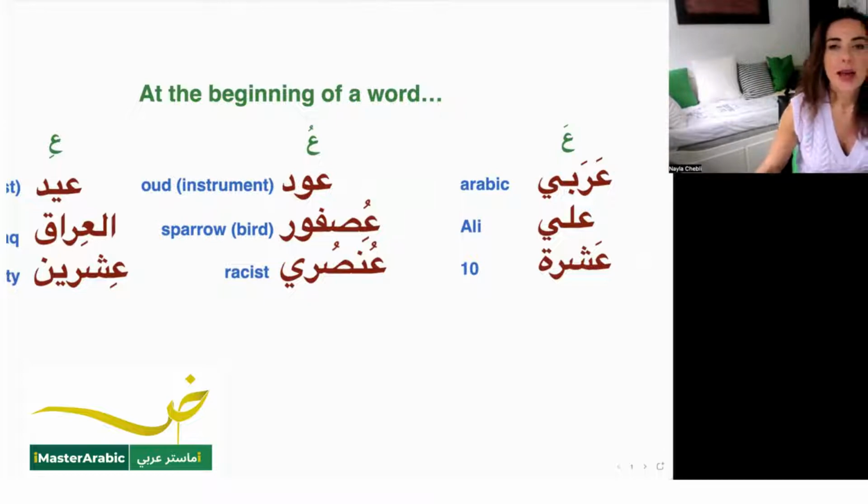Let's say Ali. Open your throat, pull your tongue back, the back of your tongue backwards, and say Ali. Ali. Next one. 10. Ashra. Again. Ashra.